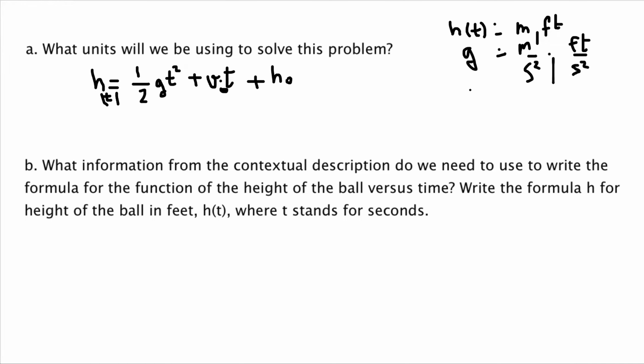And v0, the initial velocity, has units of meters per second or feet per second.